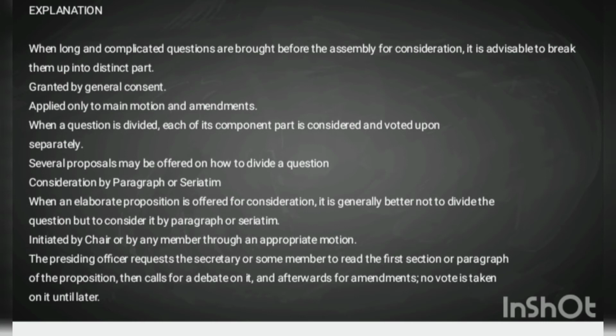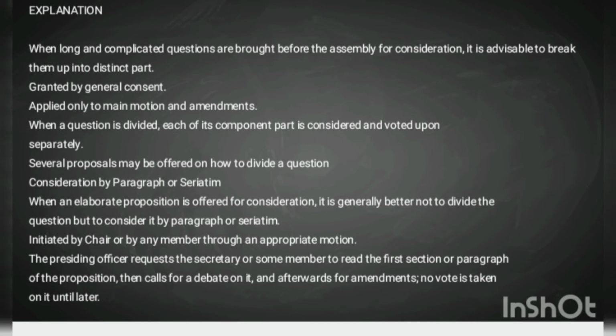Always remember that only main motions and amendments can be divided by a motion to divide the question if the question has several parts relating to a common subject and each portion can stand alone as a full proposition if the other part or parts are removed.